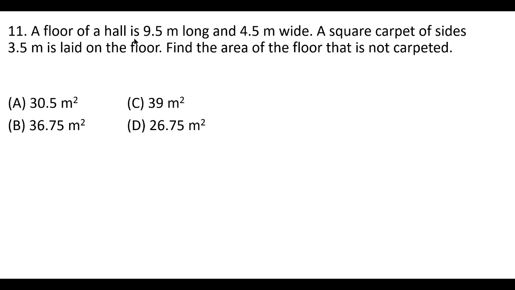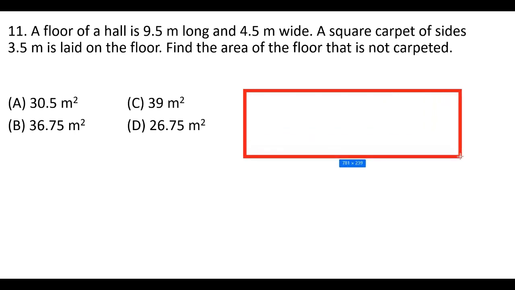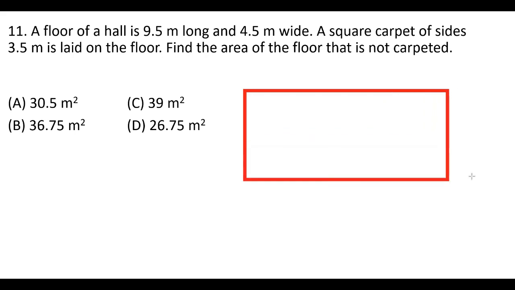The floor of a hall is 9.5 meters long and 4.5 meter wide. A square carpet of size 3.5 meters is laid on the floor. Find the area of the floor that is not carpeted. So here we have, let's say, a floor, a rectangle, that's 9.5 in length and 4.5 in breadth.